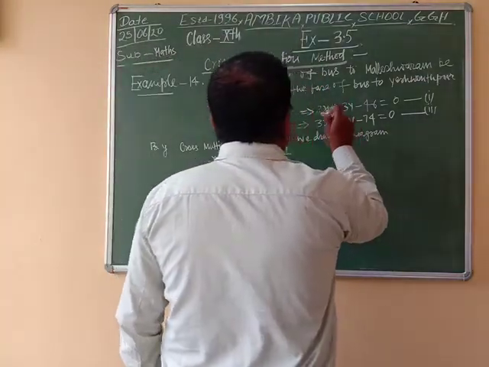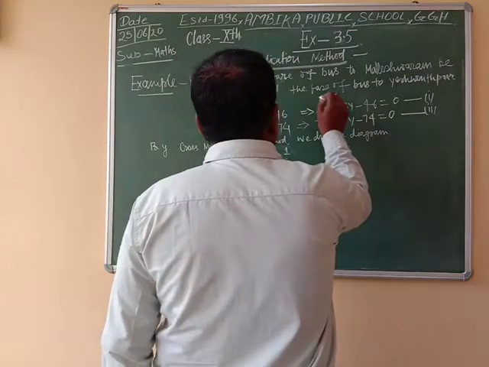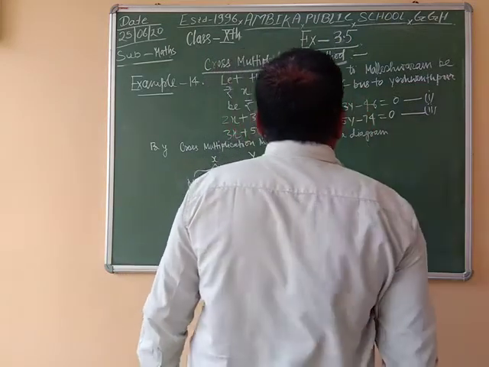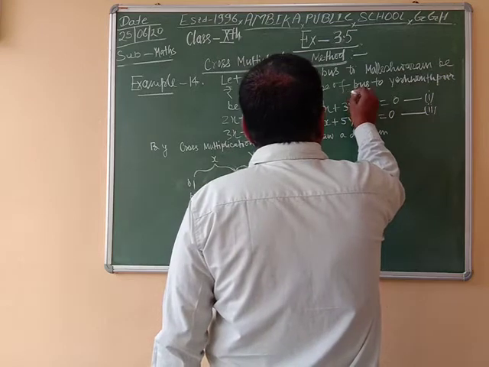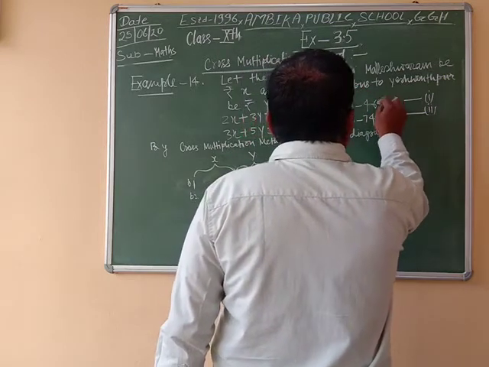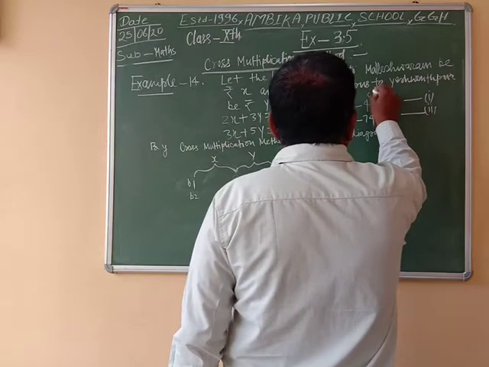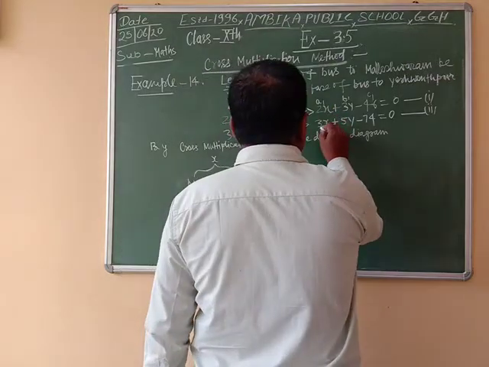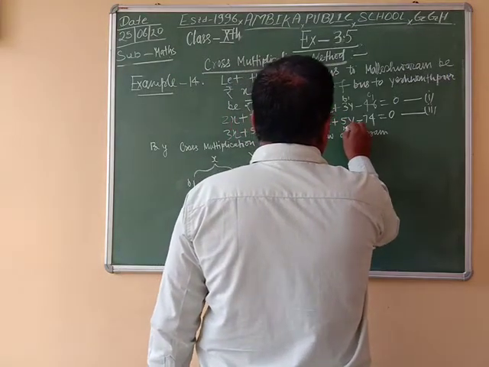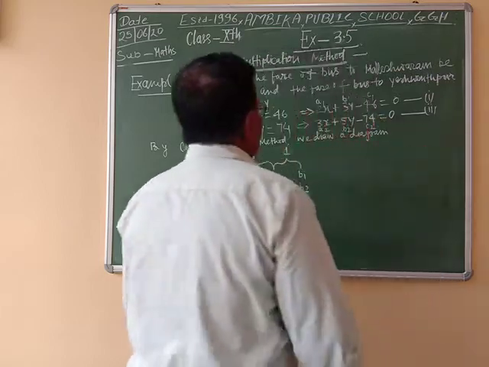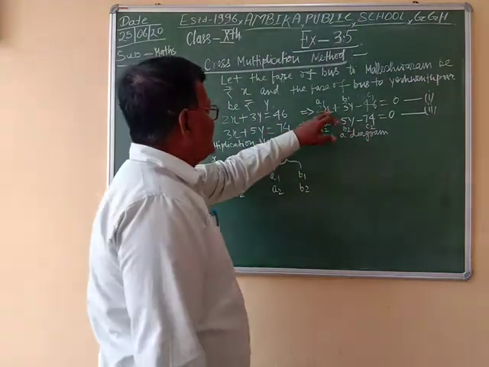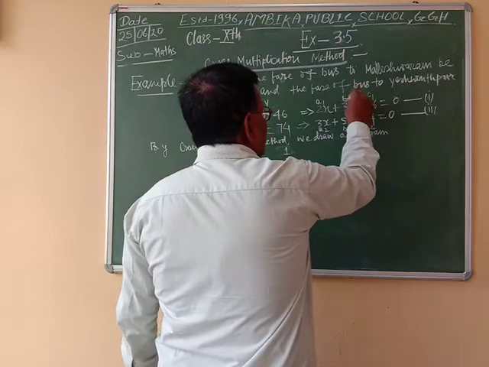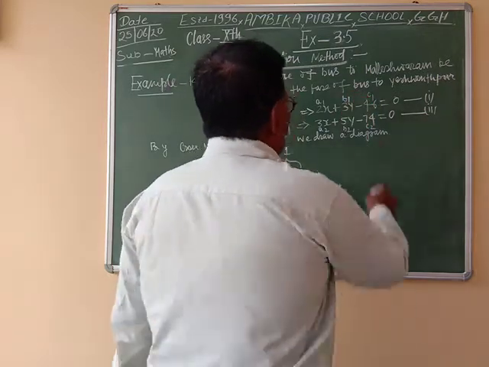Here we suppose the coefficient of x is a1, the coefficient of y is b1, and the constant term is c1.